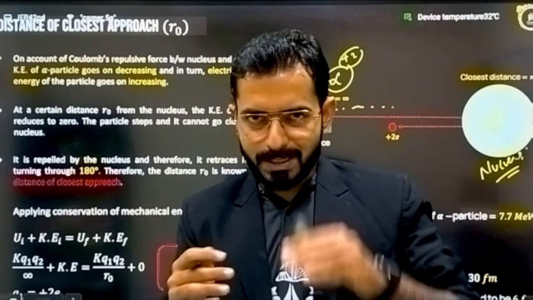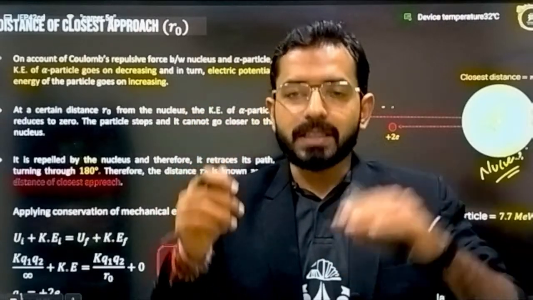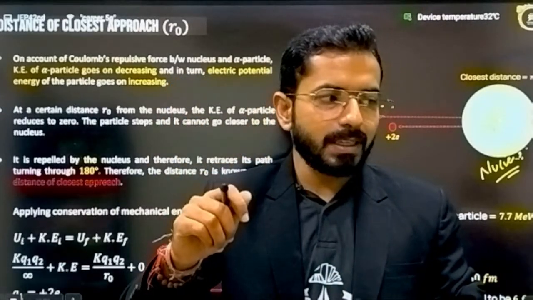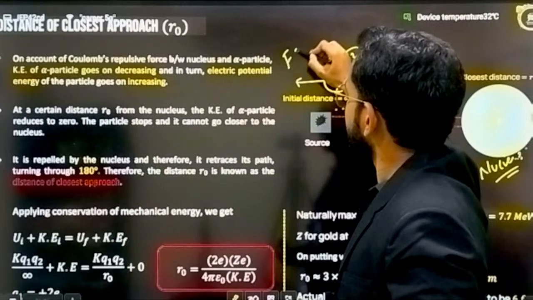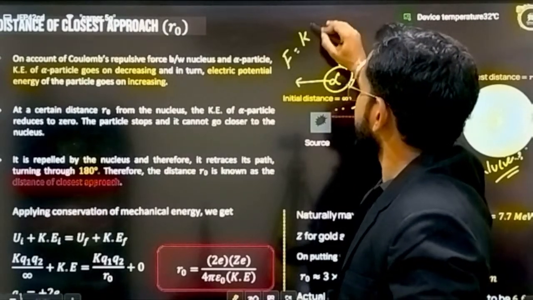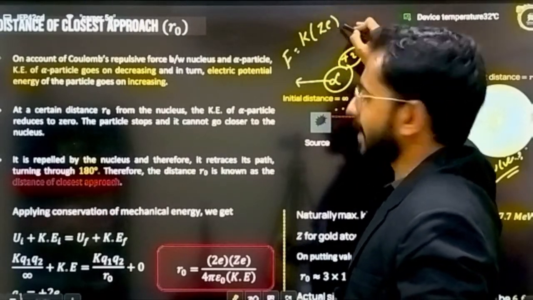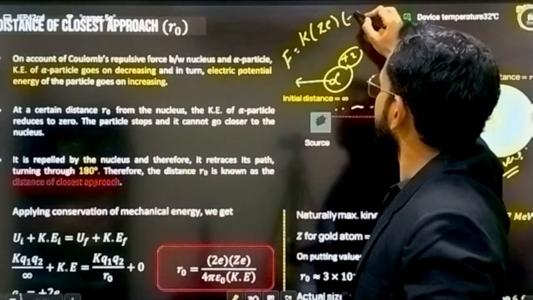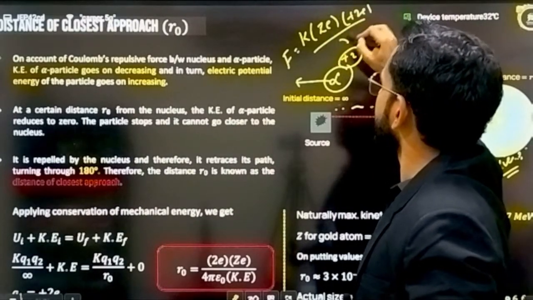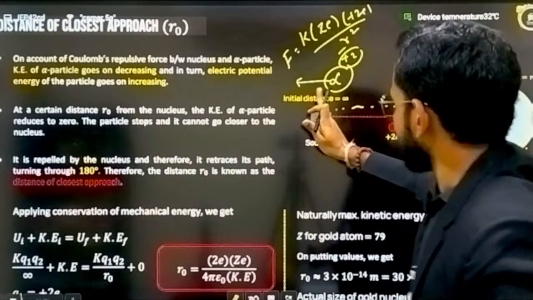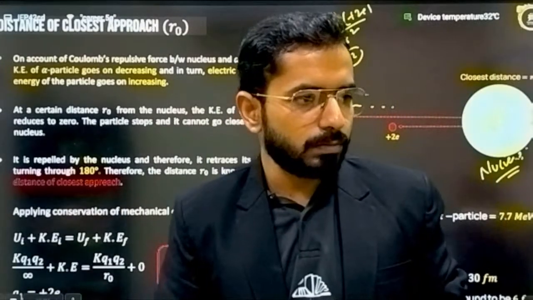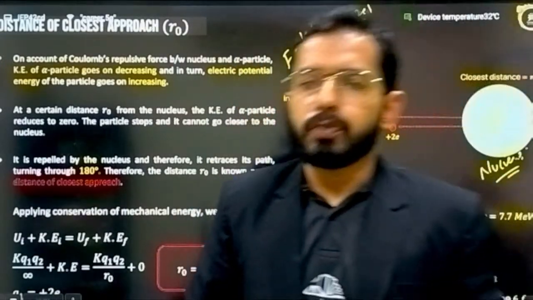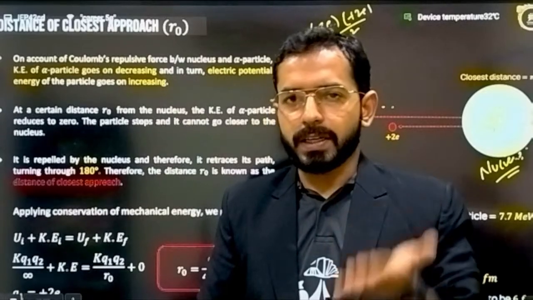And if the distance is decreasing, the force keeps increasing, correct? So the repulsive force between them will be k Ze, the charge of the nucleus, times plus 2e, divided by r squared, and this r squared is continuously decreasing. If this is decreasing, the force will be continuously increasing, correct? So the force is increasing in the repulsive direction.